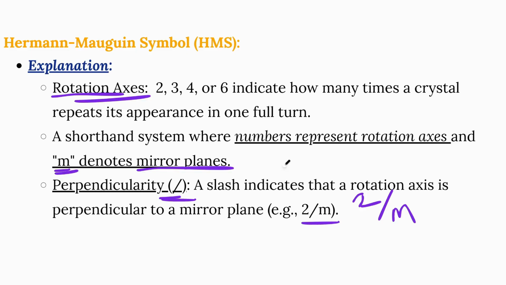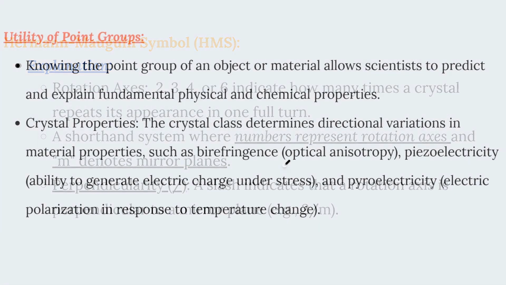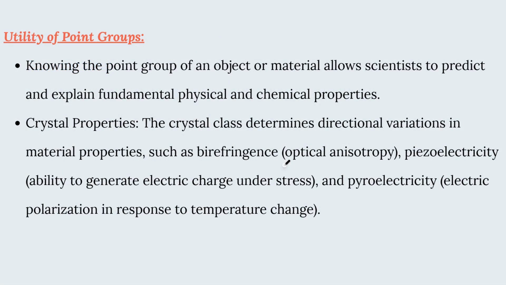of the 7 crystal systems. And the utility of these point groups is to allow scientists to predict and explain the fundamental physical and chemical properties. There are certain point groups that have special character of that particular nature, which we will discuss in the coming lectures.